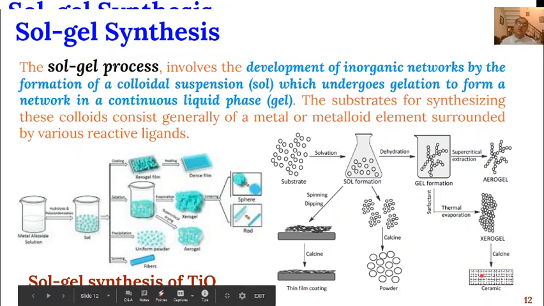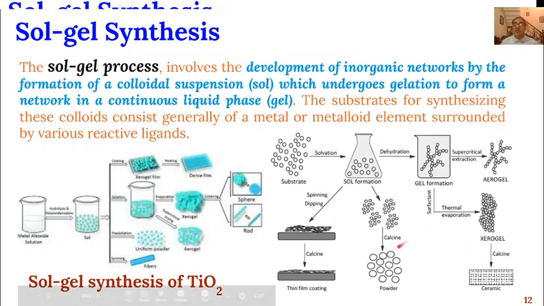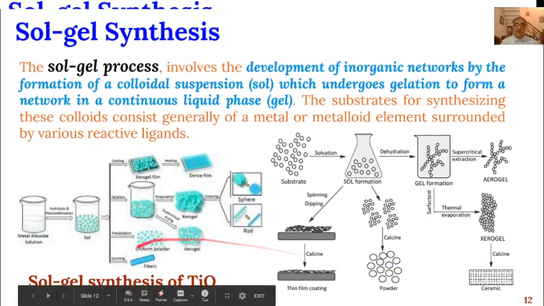So this is how through sol gel synthesis we can form different types of nanomaterials. So this is how the titanium dioxide is formed by sol gel method.